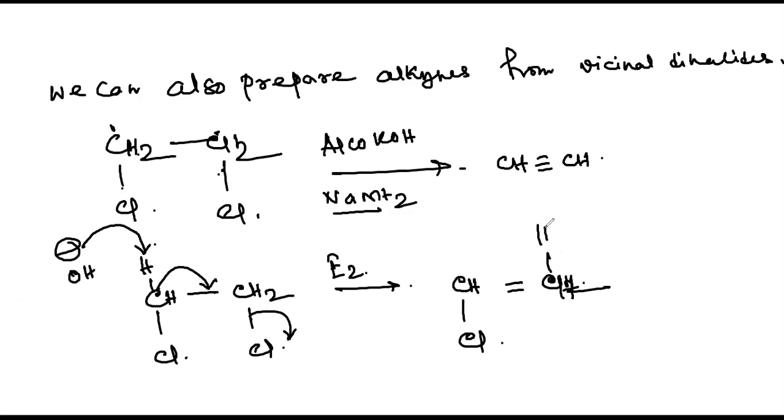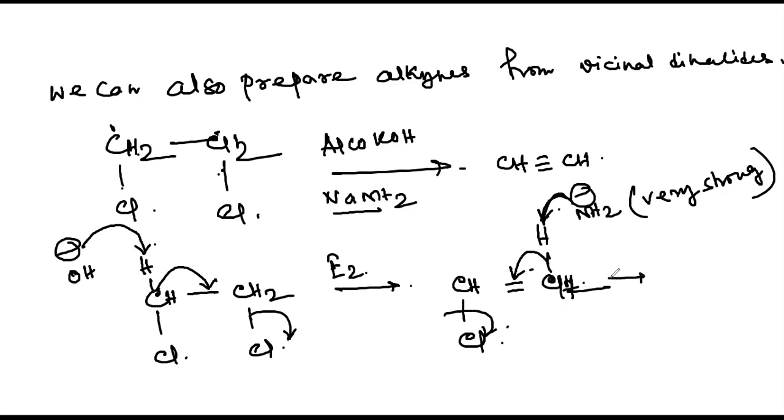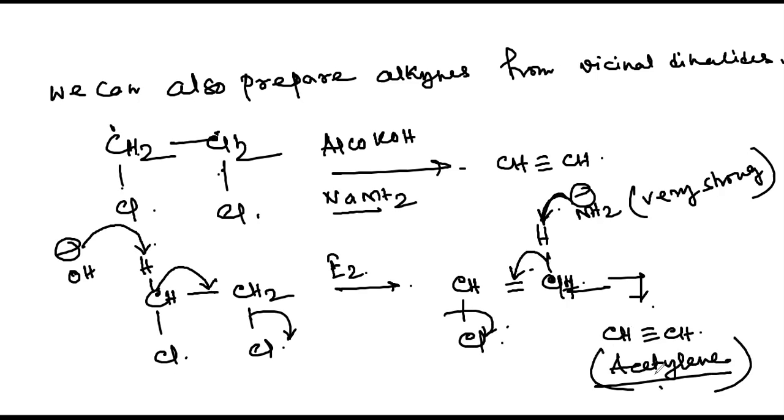Now what happens? Now NH2 minus, as it is a very strong base, extracts hydrogen from here, the bond forms here, and Cl will be removed from here. So the structure is CH triple bond CH. Name is acetylene. So this is the preparation from vicinal dihalides.